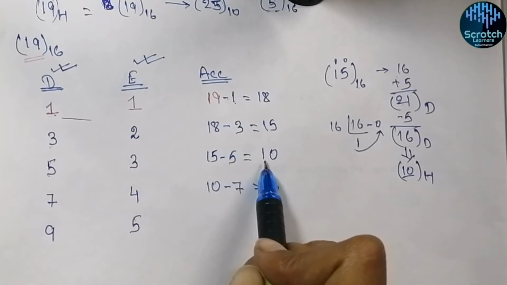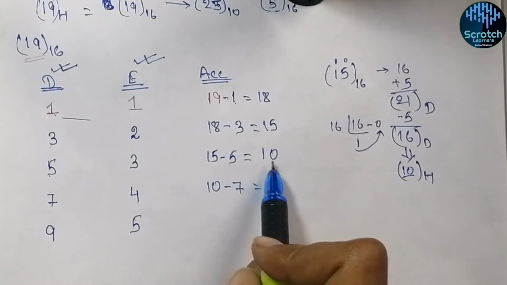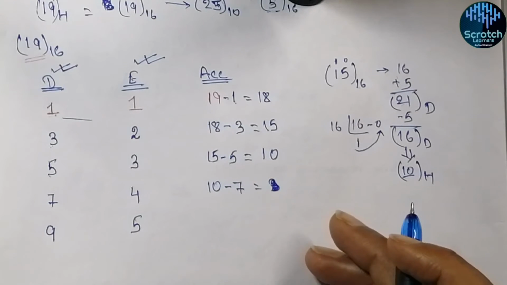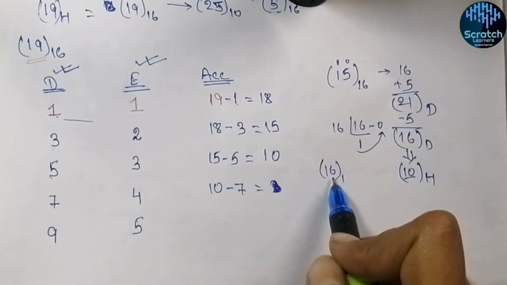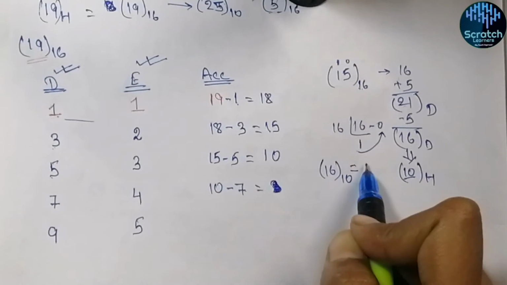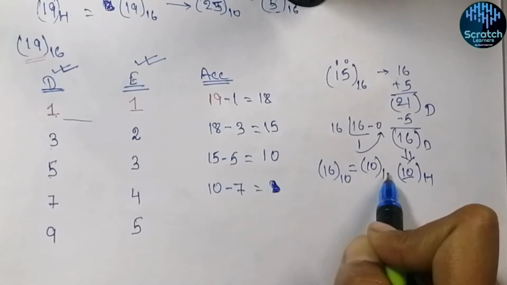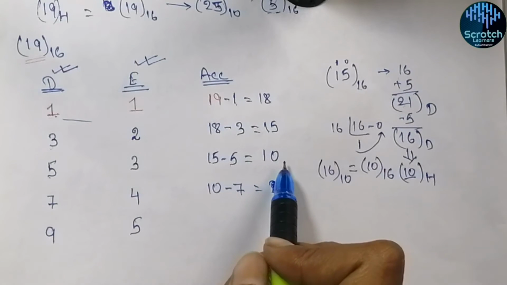So that's why we are getting 10 hex here, but actually this 10 is equal to 16 in decimal. I hope you are getting my point. I am simply saying that the number 16 in decimal is equal to 10 in base 16.